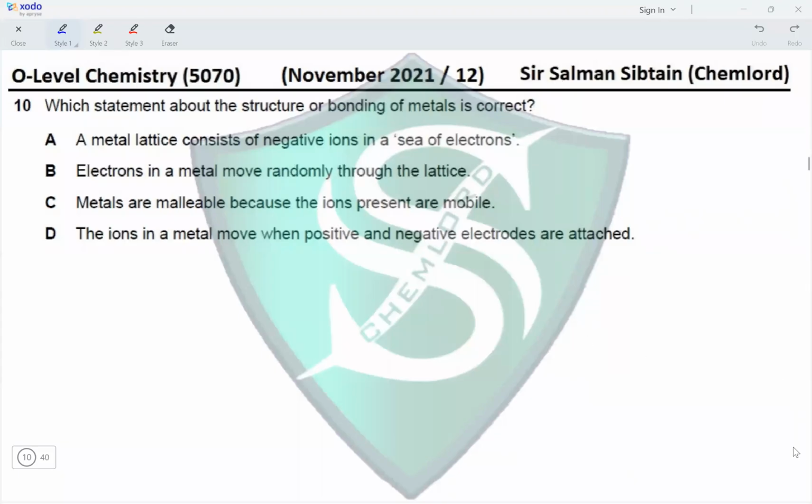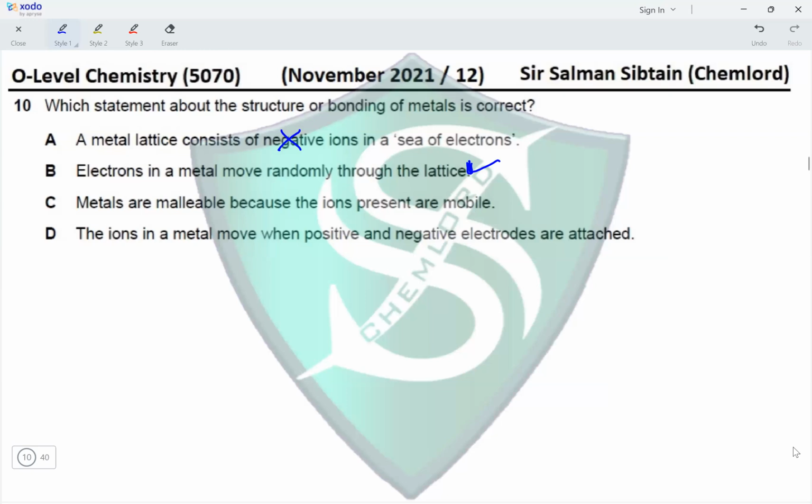Question 10. Which statement about the structure and bonding of metals is correct? A. A metal lattice consists of negative ions in a sea of electrons? No. It consists of positive ions in a sea of electrons. B. Electrons in a metal move randomly through the lattice? Yes, because they are delocalized. So electrons will move randomly. C. Metals are malleable because the ions present are mobile?